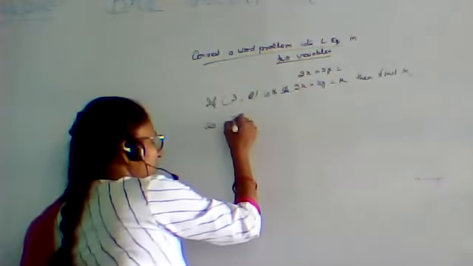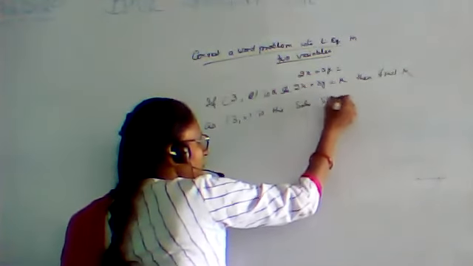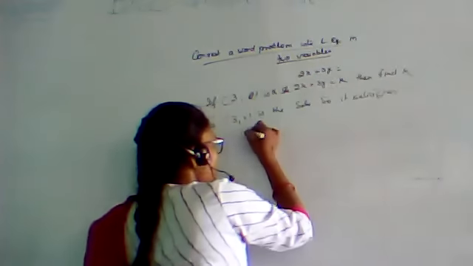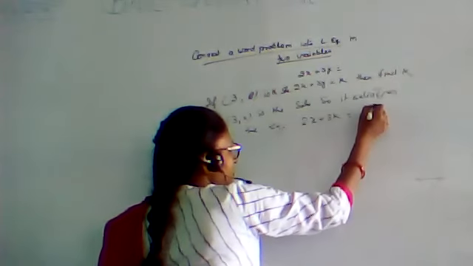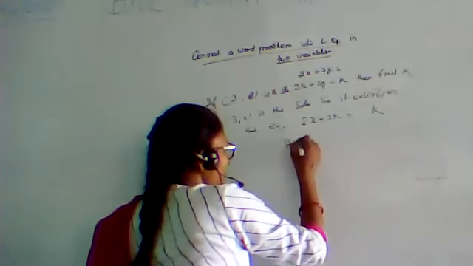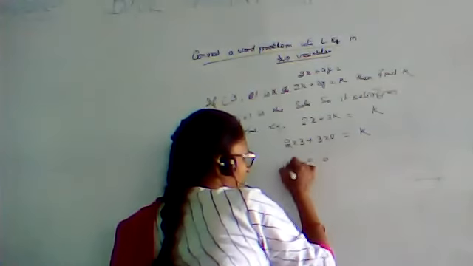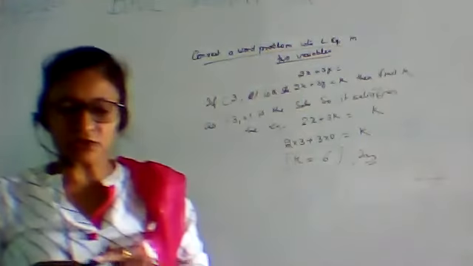As 3, 0 is the solution, so it satisfies the equation 2x plus 3y is equal to k. It means 2 into 3 plus 3 into 0 is equal to k. So k is equal to 6. And that is the answer. So these types of questions are based on the topic covered today. So you have solved all these types of questions very easily, like the format.